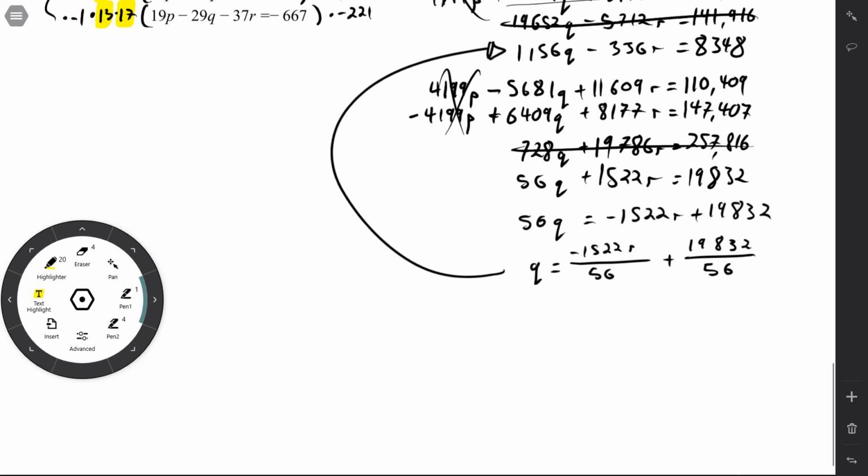All right. So we get 1,156Q, and that's this value right here.